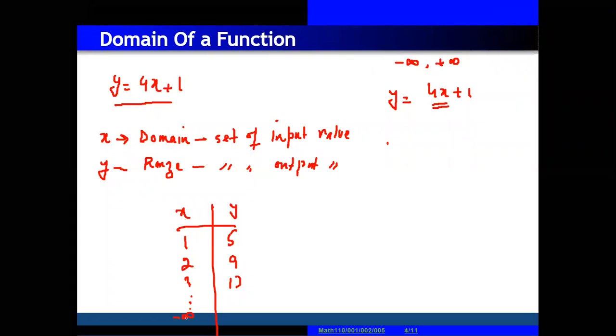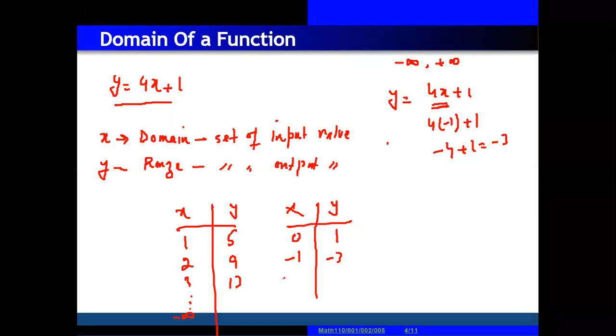So if you are moving toward plus infinity, this will give you some value. For all positive values, there will be an output value. Same if we give negative values of x and y. X is equal to, let's suppose 0, or you can start from minus 1. When x is 0, 4 multiplied with 0 plus 1 equal to 1. When x is equal to minus 1, 4 multiplied with minus 1 plus 1 means minus 4 plus 1 equal to minus 3.